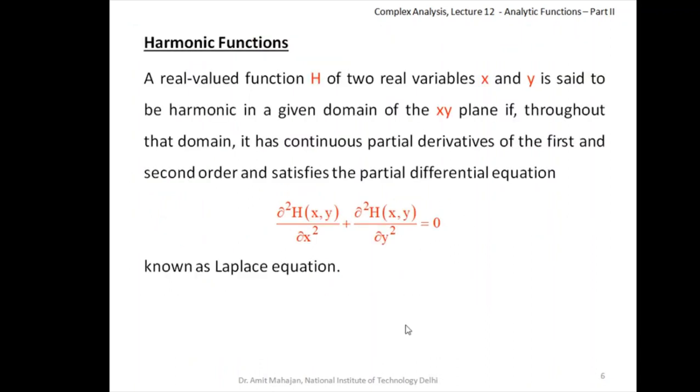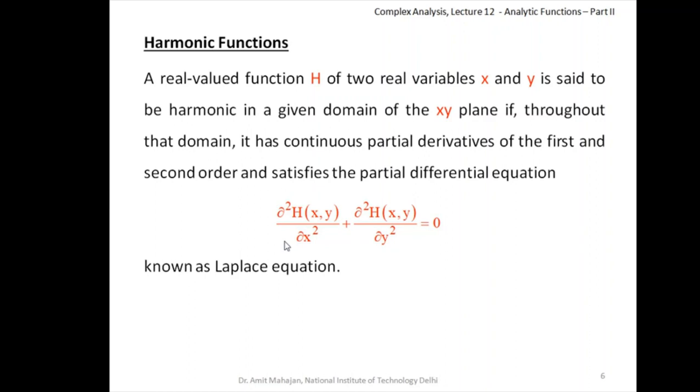This definition is about harmonic functions. A real valued function h of two variables x and y is said to be harmonic in a given domain of the xy plane, if throughout the domain it has continuous partial derivatives of the first and second order and satisfies the partial differential equation known as the Laplace equation.